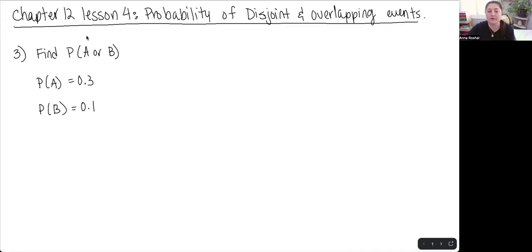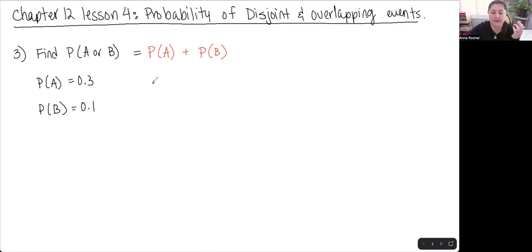And whenever we're looking for the probability of one versus the other, we're actually taking a look at the probability of both together. So what happens when we're looking for the probability of A or B, we're actually looking for the probability of A plus the probability of B. In this case, it's pretty basic.